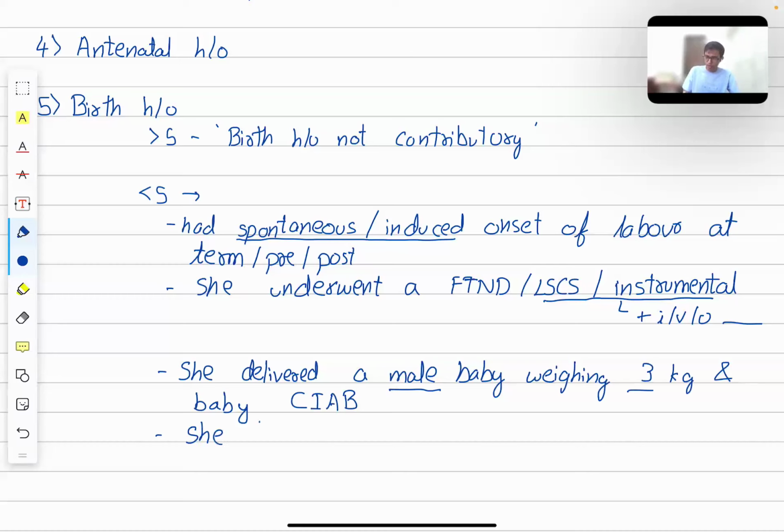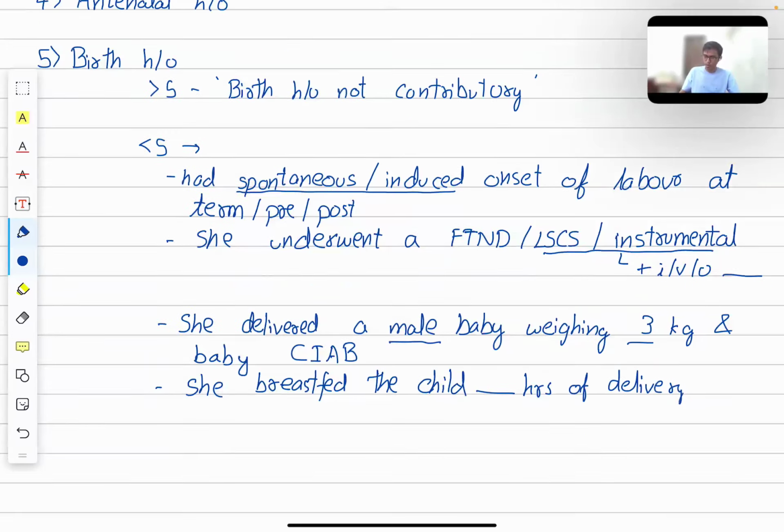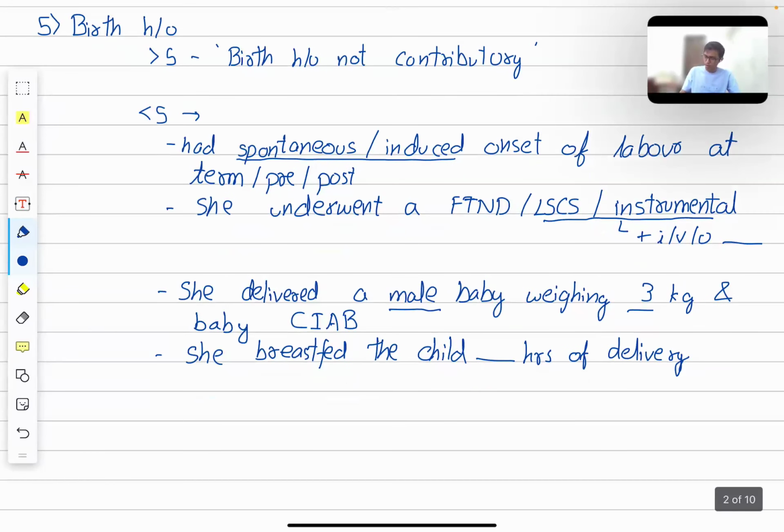So she breastfed the child dash hours after birth. In cases of a full-term normal delivery, it would be within half an hour, and in cases of cesarean, it would be within 6 hours of delivery. And exclusive breastfeeding was continued for 6 months.